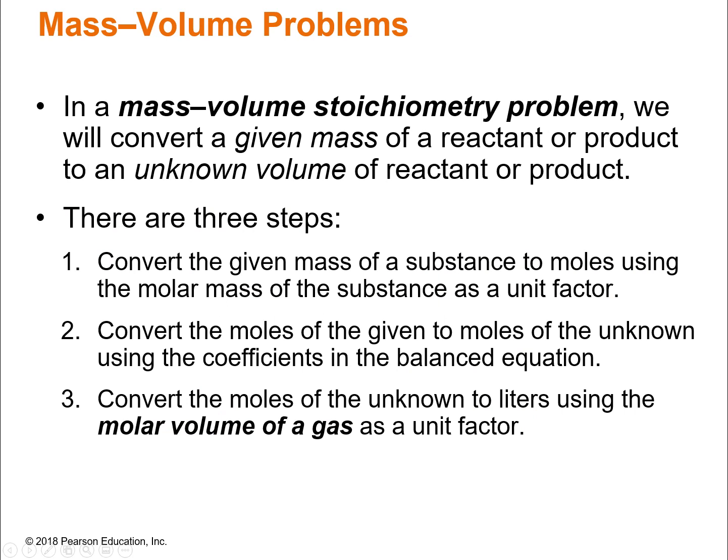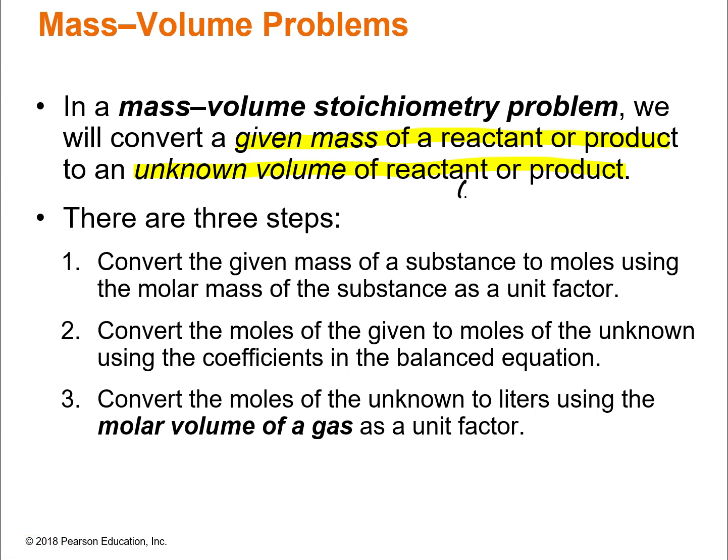The next problem type, mass to volume problems. With these problems, you've got a given mass of a reactant or product, and you're asked to figure out the volume of a reactant or product.